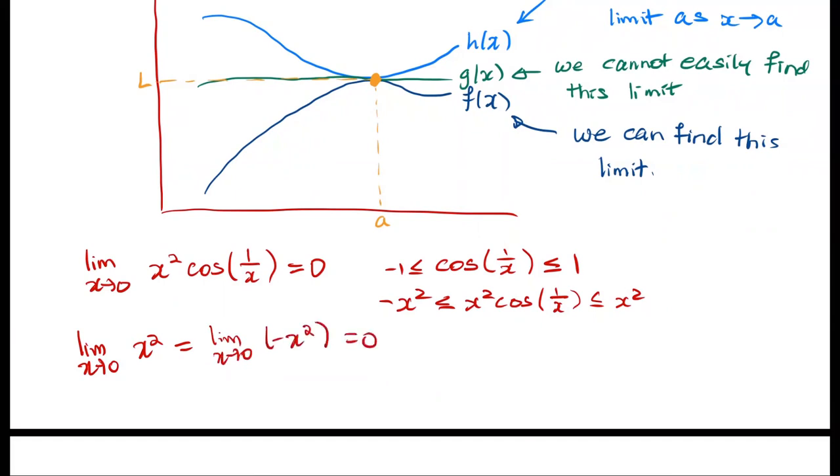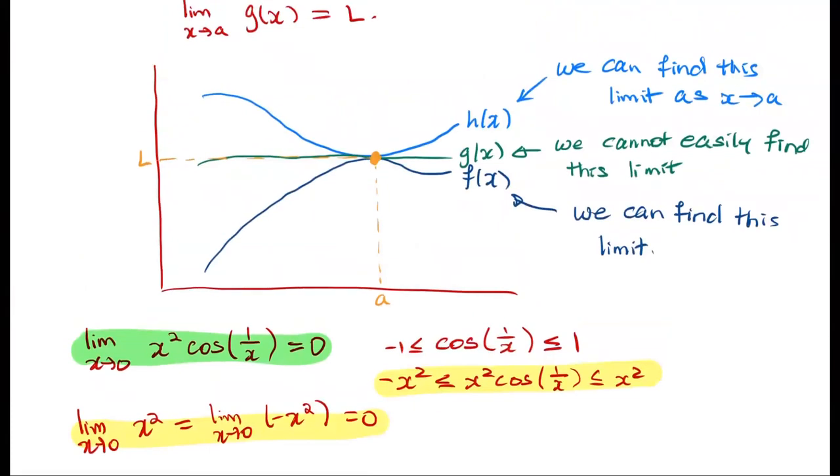So with these two conditions, the first condition being this, the second condition being that the limits are the same, the conclusion is that this limit is equal to 0. So that's the squeeze theorem. It's very interesting.